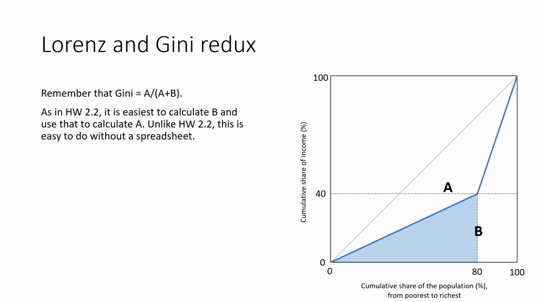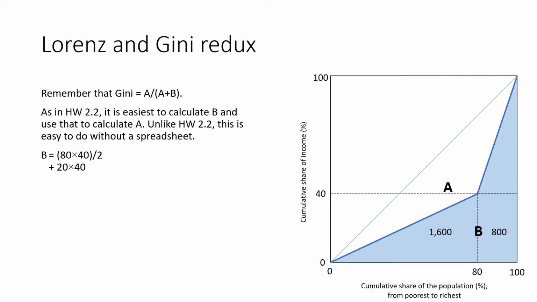First, we want to calculate the area of this triangle here, this part of B. It has a base of 80, a height of 40, and you have to divide it by 2 because it's a triangle. It has an area of 1,600. This rectangle here has an area of 20 times 40, or 800.